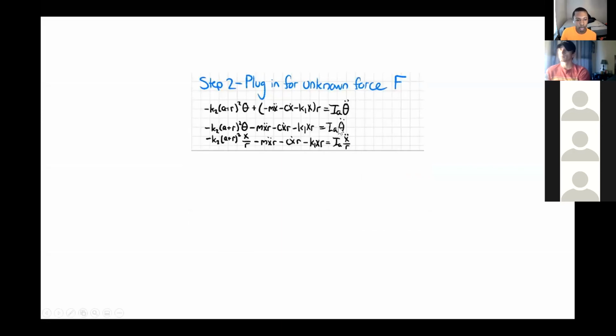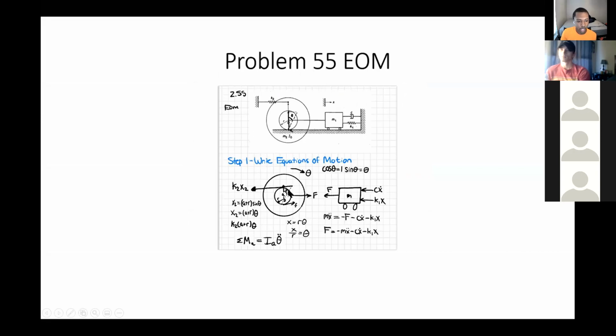We took that theta double dot, and any displacement would just be theta divided by r, or sorry, x divided by r. So we set up our relation down here.